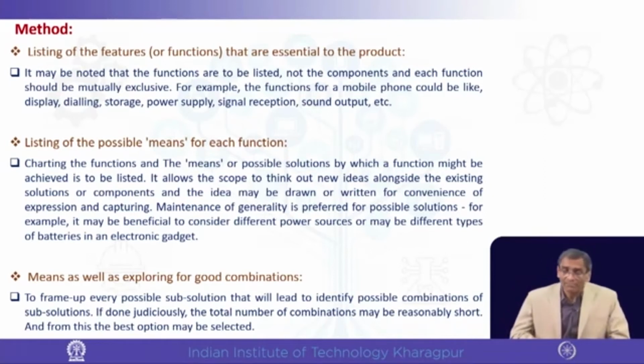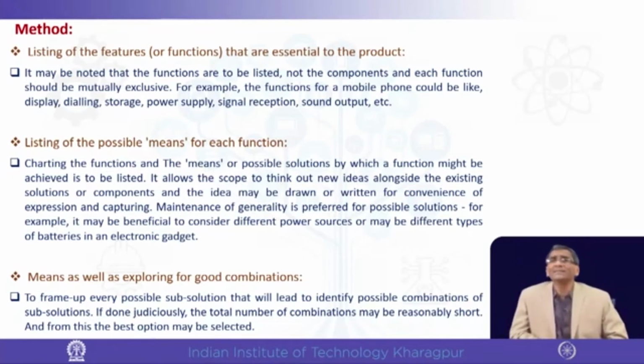So, charting down the means will have to be there. When you say that we would be using a battery for an electronic gadget, there could be several different types of batteries that we can use as means.